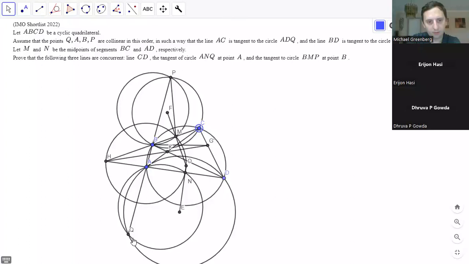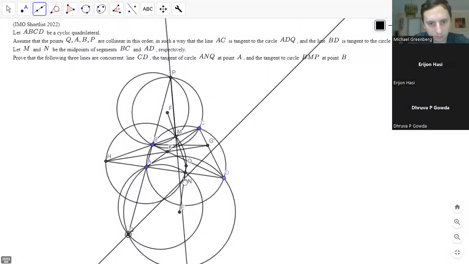Interesting. So that would be DQA minus DBG prime. So this is PM and it's QN.